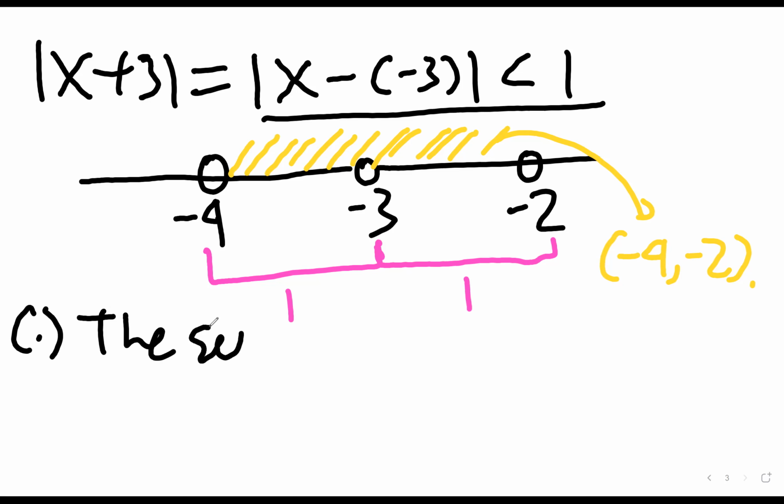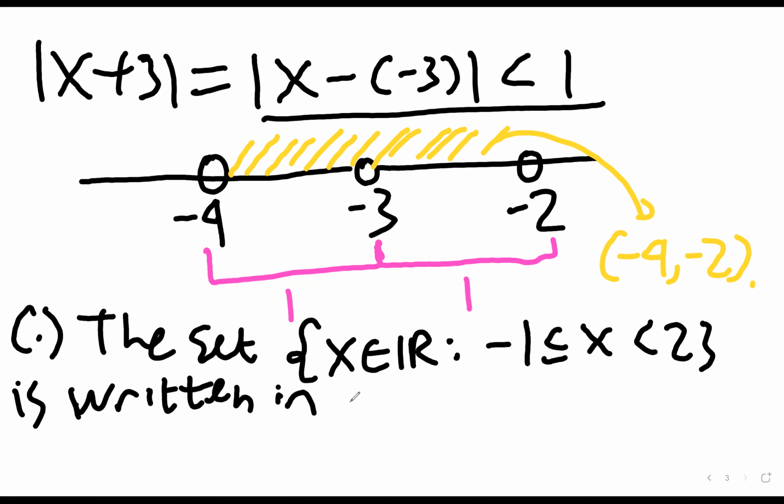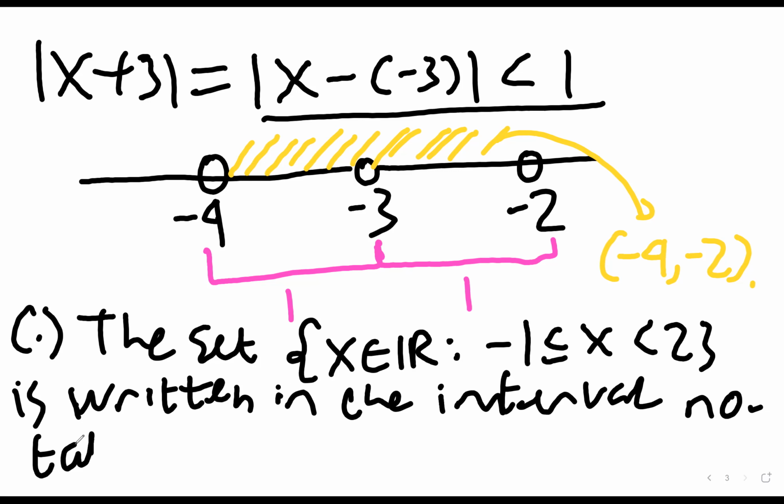So the set of x, a real number where x is in between minus 1 and 2, included minus 1, is written in interval notation as follows.